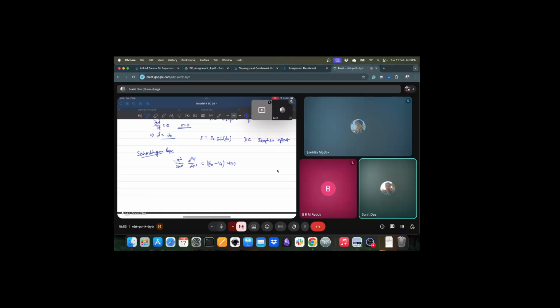Now this kind of equation has a very standard solution in quantum mechanics, where psi of x will be given by C1 cosh of x by xi plus C2 sinh of x by xi, where xi will be root over h bar square by 2m star times V0 minus E0.